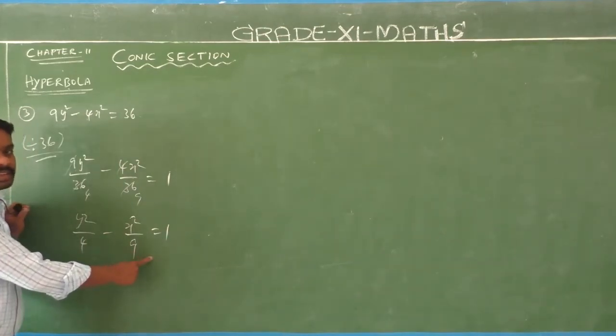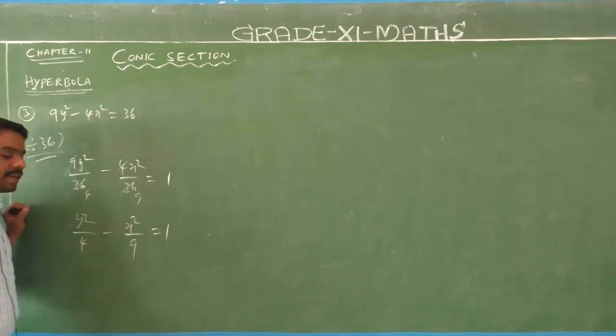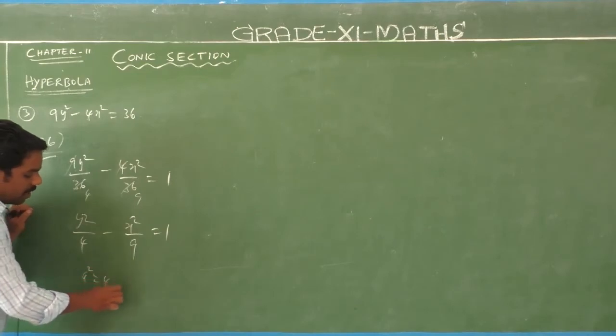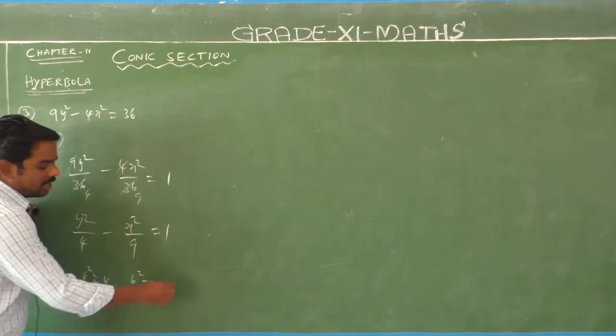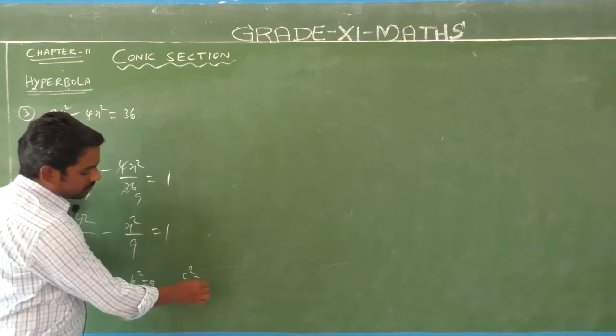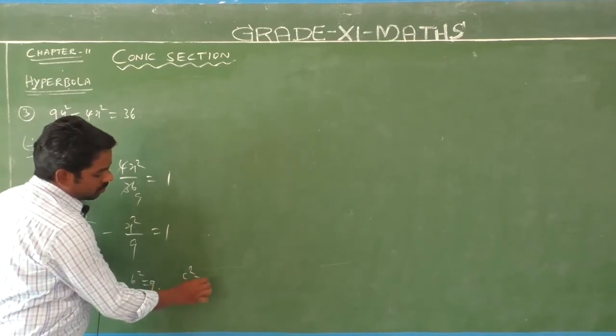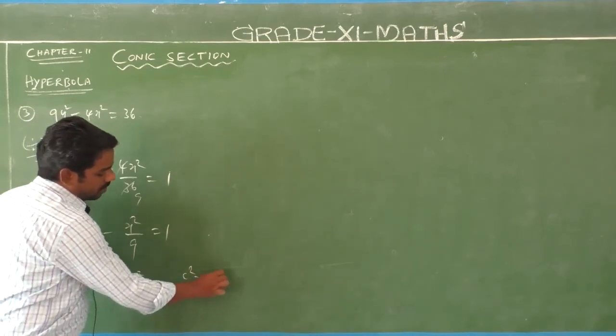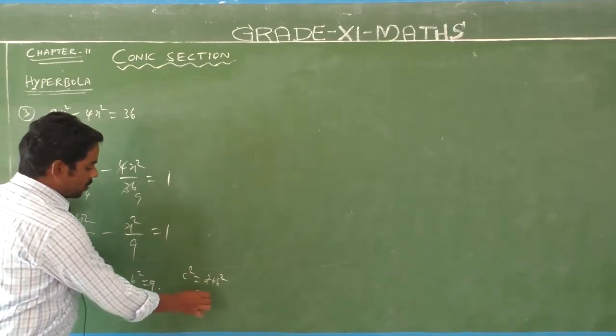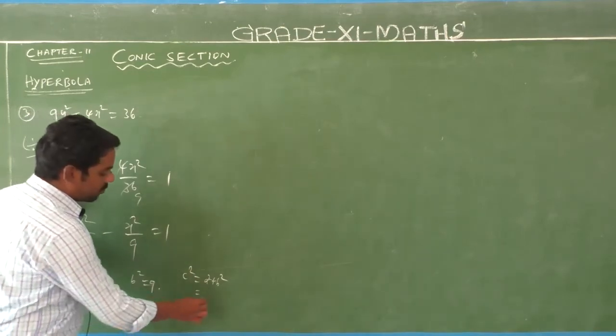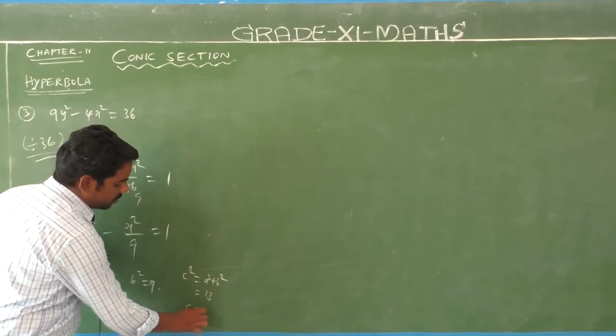This equation is the same as y squared by a squared minus x squared by b squared equal to 1 type. So here a squared is equal to 4 and b squared equal to 9. c squared is equal to a squared plus b squared. So c squared is 9 plus 4, 13. So c value is root 13.